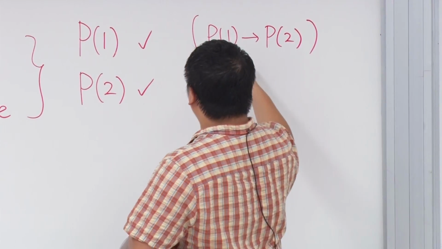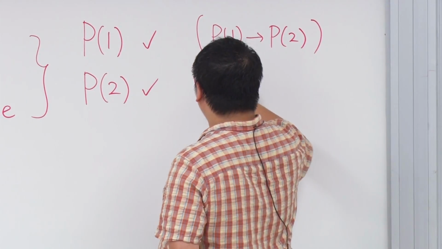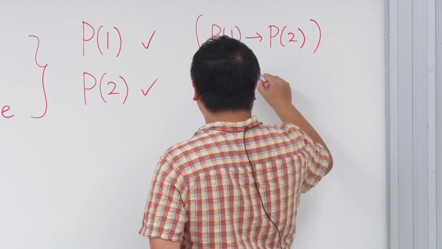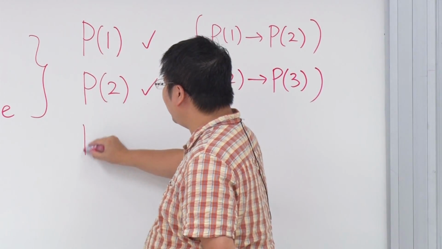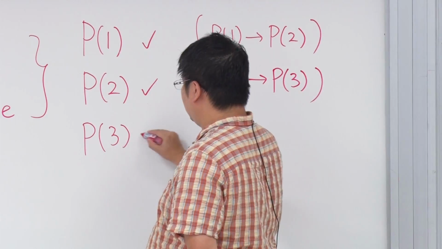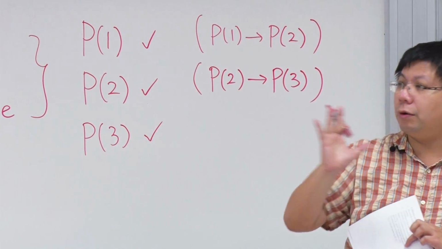This one combined with this one, we get P2. And then we have P2, and we also have P2 implies P3. So together, we will have P3 to be true. Is that okay? Then this idea can go on forever.